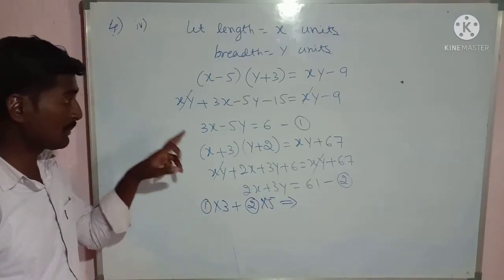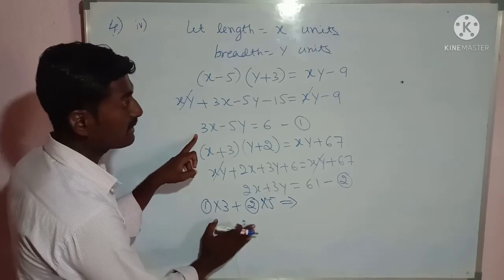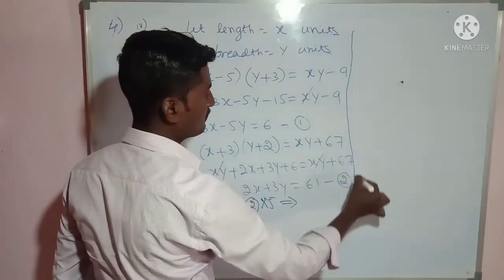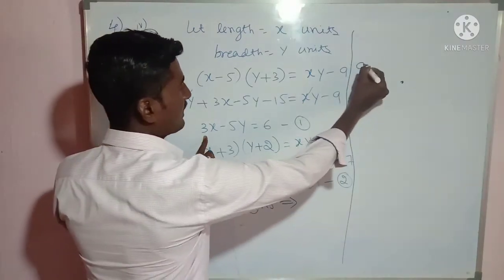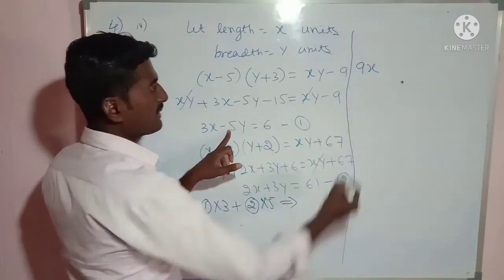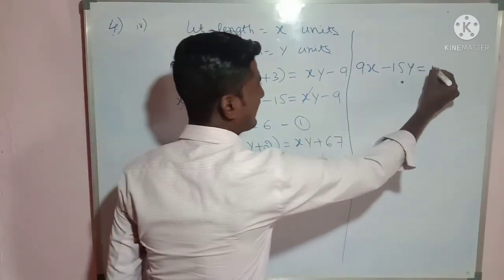For first equation multiply by 3. 3 3s are 9x, minus 5 3s are 15y, is equal to 6 3s are 18.